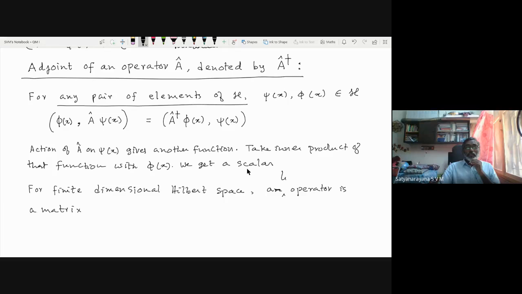A linear operator is a matrix. So that implies the adjoint is the Hermitian conjugate.